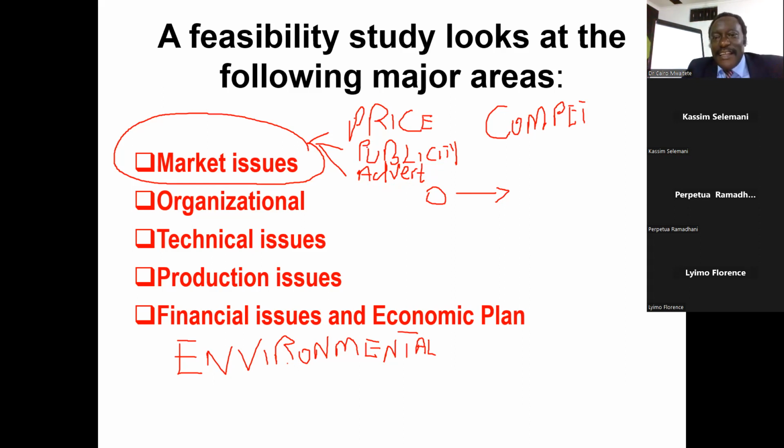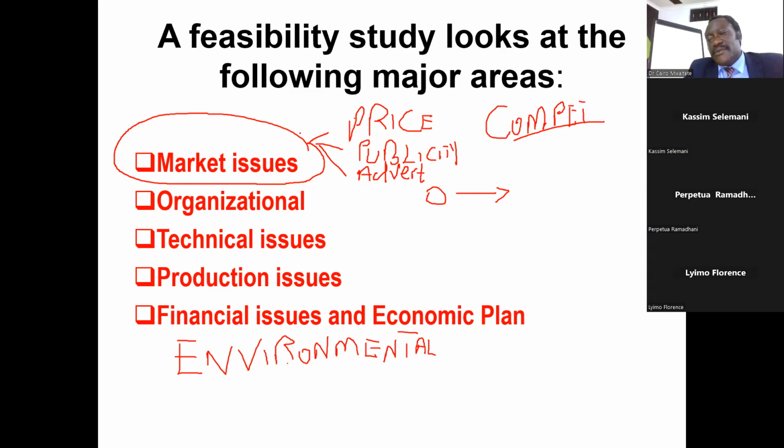You will discover how many competitors are in the place producing the same product like this one. So all this information must be in the market issues, to analyze the situation and tell us about the market and the consumption trend of the product. And also you will be able to look in terms of the users, the market segmentation, and also the users.